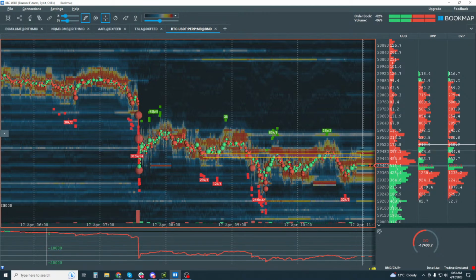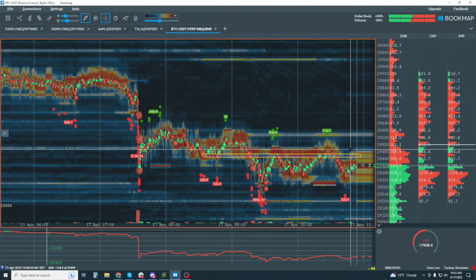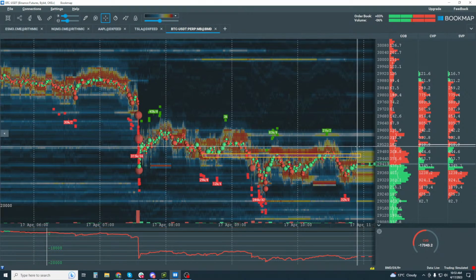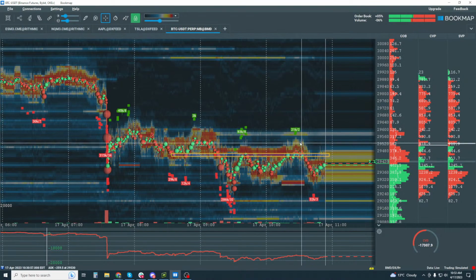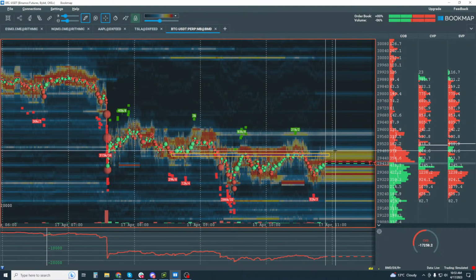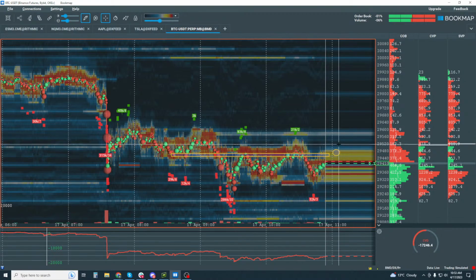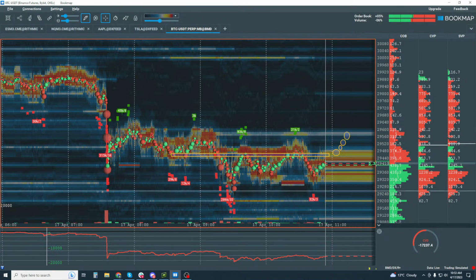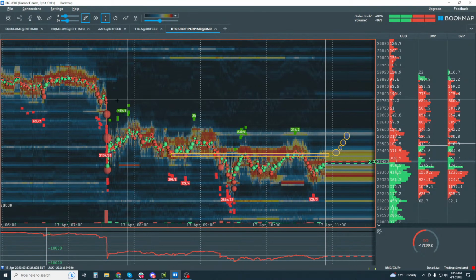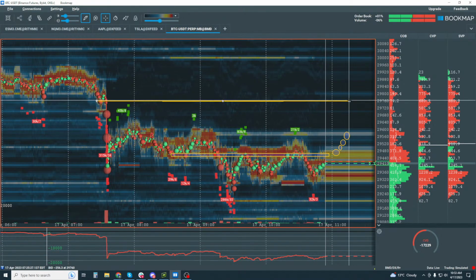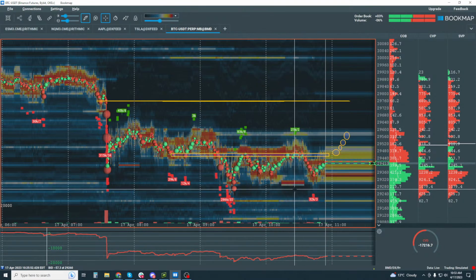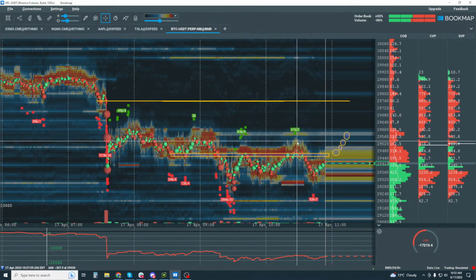So look for the buying back up above here in crypto, and it would look like this: big green dots. And we might even be able to get up to here where it dropped from up here.